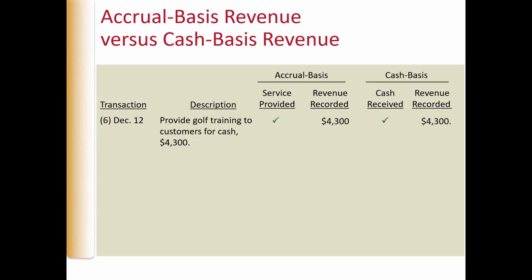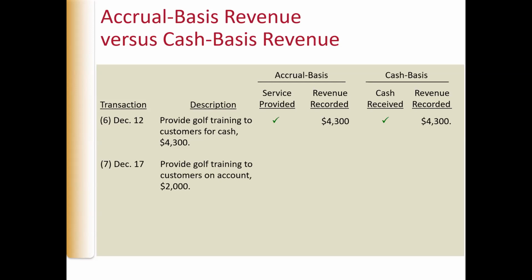Under the cash basis of accounting, we would record those services when we receive the cash. Did we receive the cash on December 12th? Yes. Therefore, we would show the revenue being recorded on December 12th. In this example, the accrual basis and the cash basis happen to align, and we would record both on December 12th. But it doesn't always work that way.